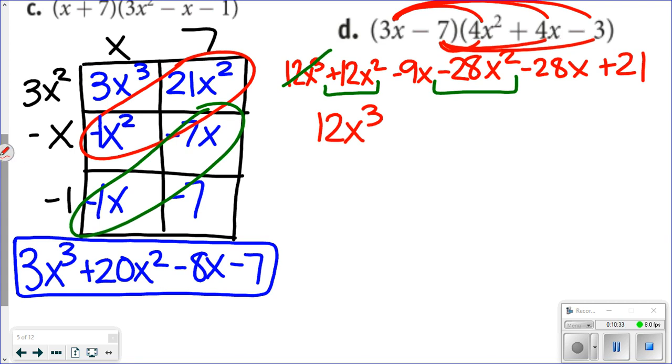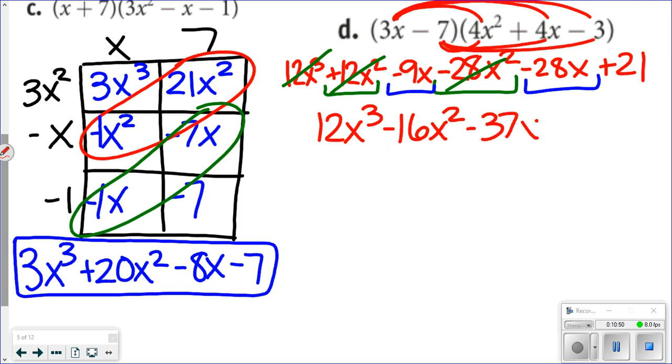So that would be negative 16x squared. And these are gone. And then I have a negative 9x minus 28x, which gives me negative 37x. And these are both gone. And then I have a positive 21.